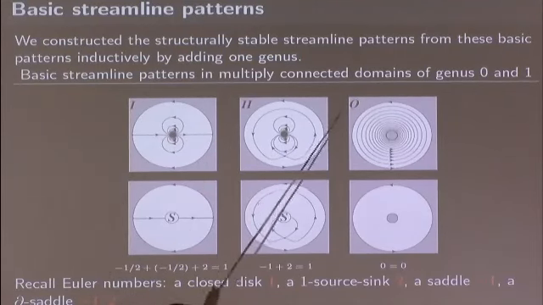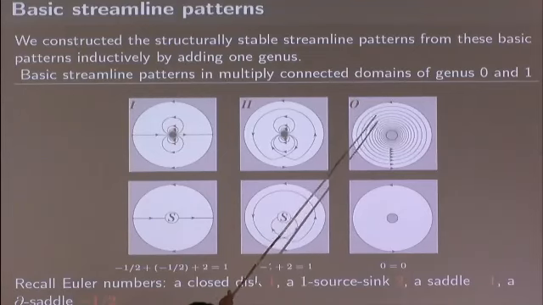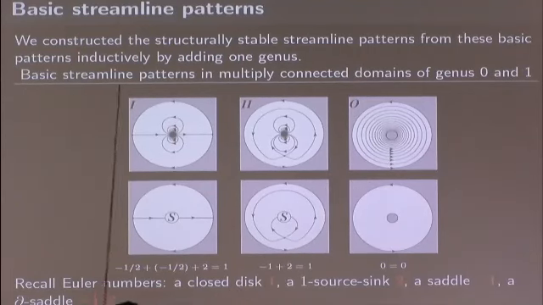All words is the word representation for the usual Hamiltonian vector fields, and one word and two words are for the Hamiltonian vector field with one sourcing point. And lastly, a saddle orbit or a periodic orbit.